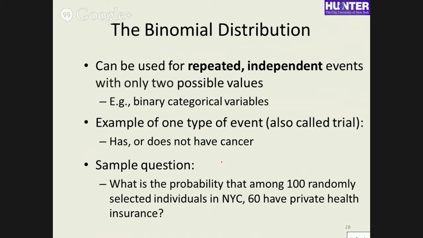As an example, we have 100 randomly selected individuals in New York City. What's the probability that exactly 60 of them, or 60 or more, have private health insurance? The random variable itself is a bit more confusing for the binomial distribution. The lowercase x is just yes or no, but the random variable, the capital X, is an integer number.